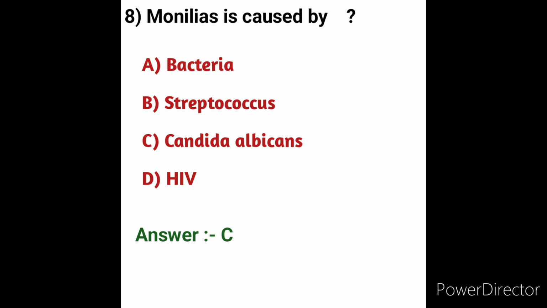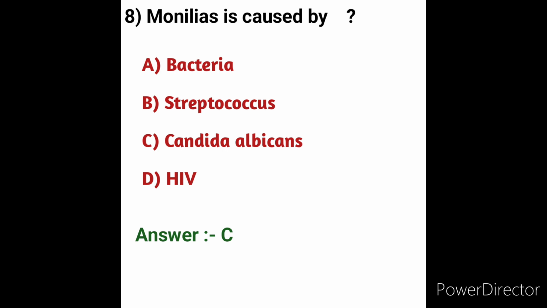Here candidiasis is also called moniliasis, an infectious disease produced by the yeast-like fungus Candida albicans. So here option C, Candida albicans, is the correct answer. It is an infection of the skin and or mucous membranes caused by the common yeast species of Candida.